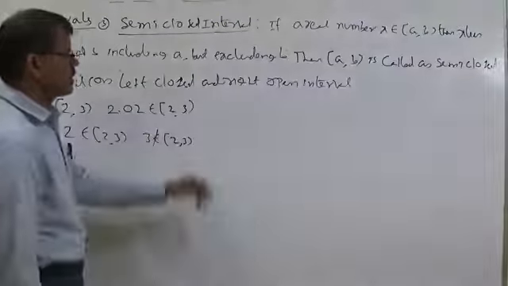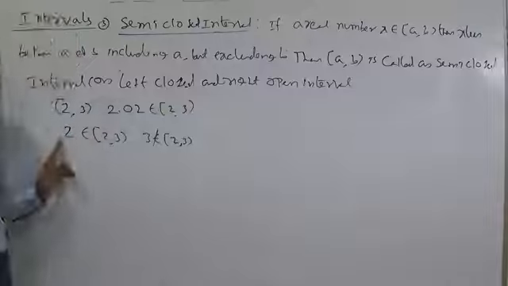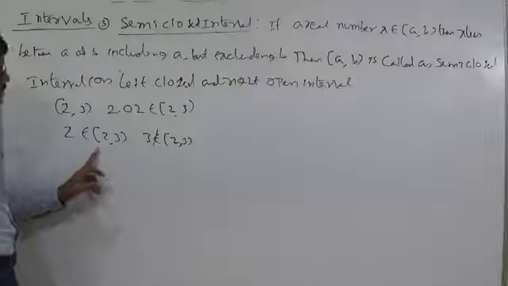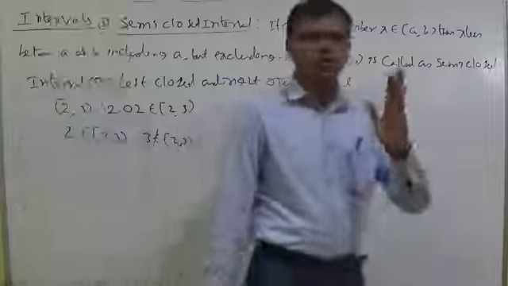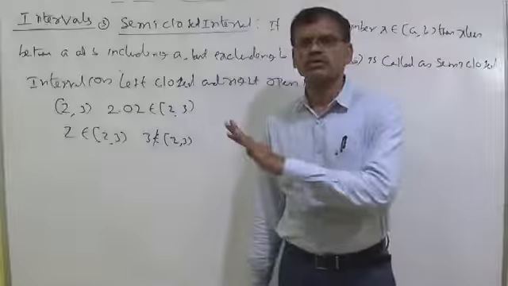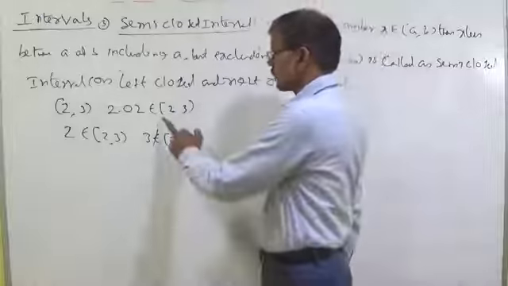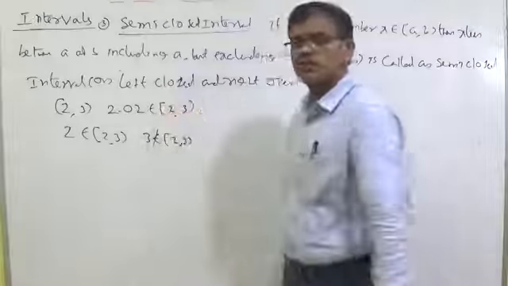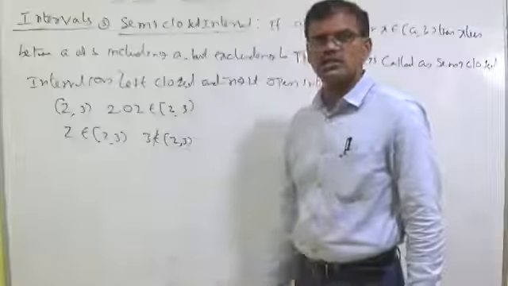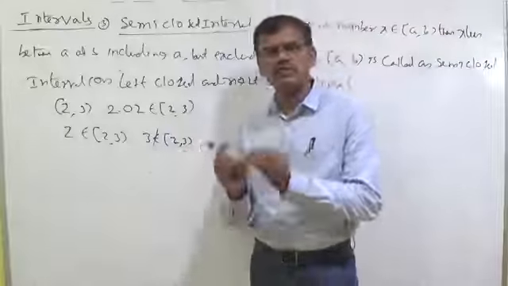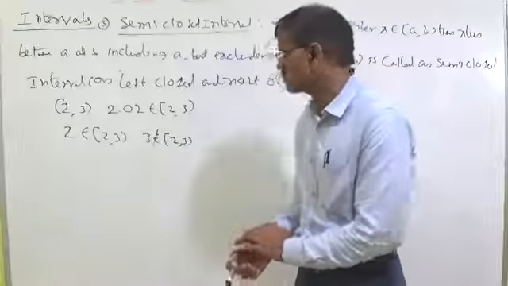This is a small example. Whenever the value is there, you should understand that here it is left closed. Closed means yes and open means no. So this is yes, this is no. Whenever the number lies between 2 and 3, 2 is there, 3 is not there. So whatever numbers are between 2 and 3, every number belongs to this interval.